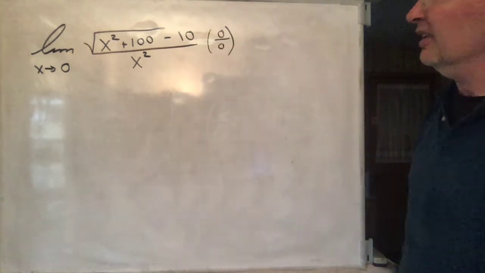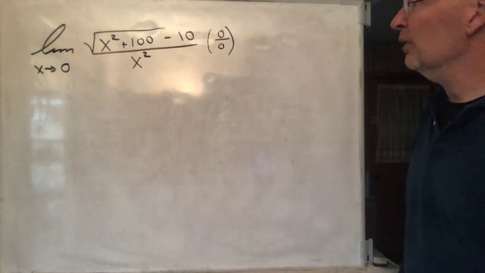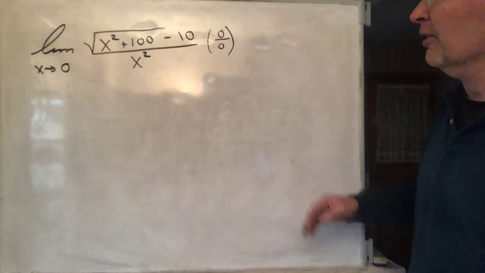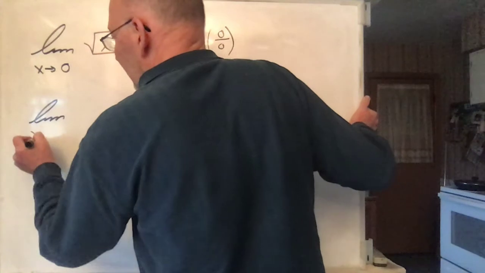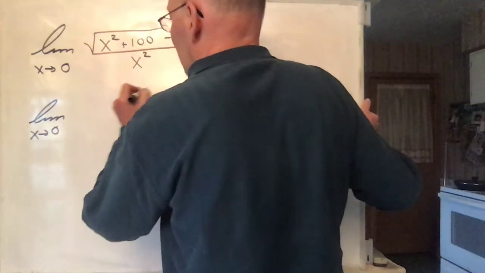The reason I included this example is because the clever thing you do here is a nice, clever trick in mathematics. What you do is you multiply by the conjugate. Let me show you what I mean.